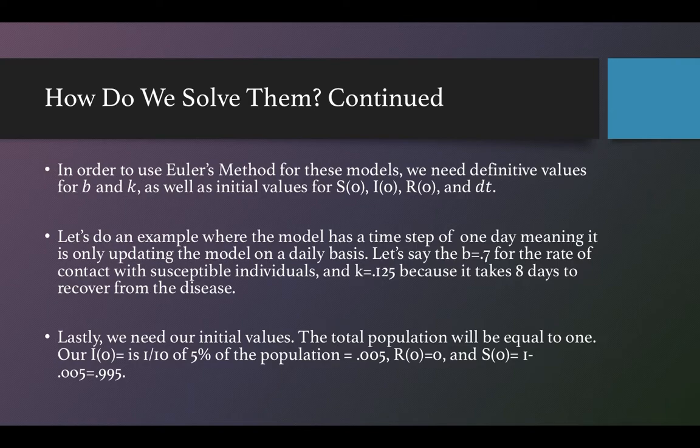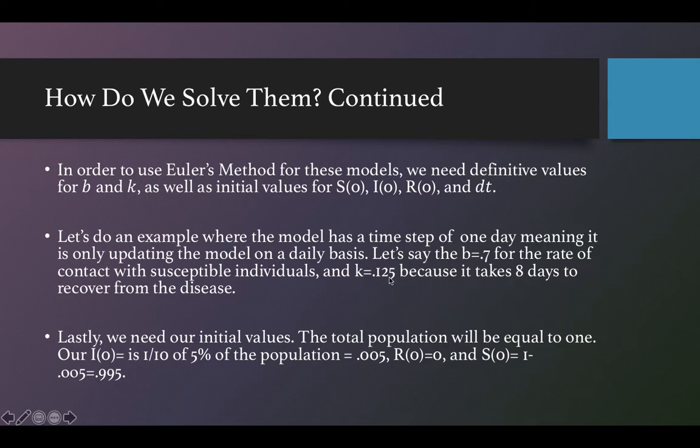Let's say that the b, which is our rate of contact with susceptible individuals, is 0.7, and then we're going to say that our k, which is related to the time it takes for these infected individuals to recover, is going to be 0.125 because we're going to just say it takes them 8 days to recover.